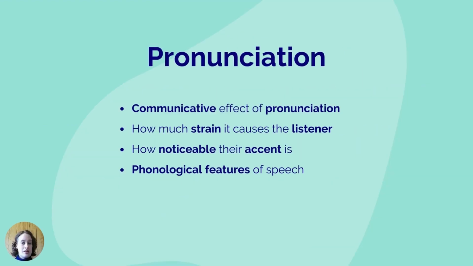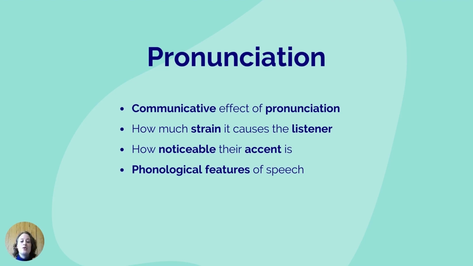So, another skill that the examiner will be assessing is how well the candidate pronounces the language. As well as a communicative effect of the candidate's pronunciation, there is evaluation of how much strain it causes the listener and how noticeable the accent is, although the accent itself is not a problem.